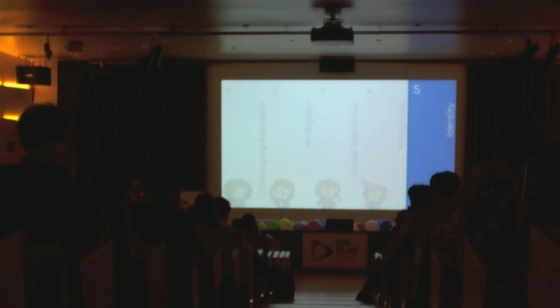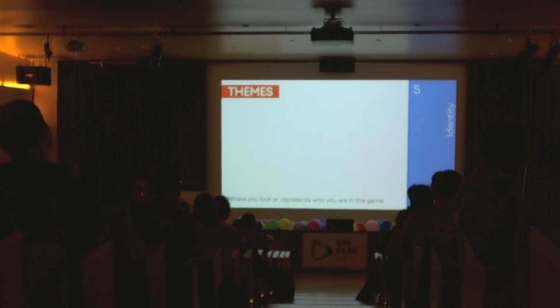Lastly, I want to introduce this theme that I called gaze identity. Spoiler alert, this is a little bit meta, so bear with me for a bit. This theme talks about how where the players were looking represented the character they were controlling, and also the role they were assuming in the game.